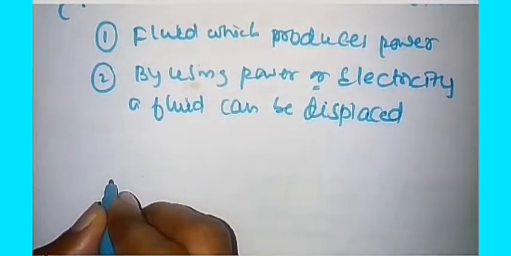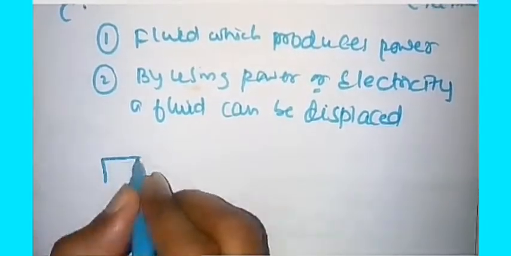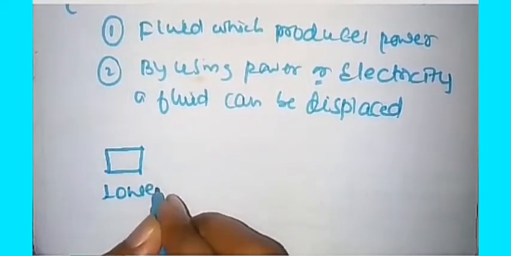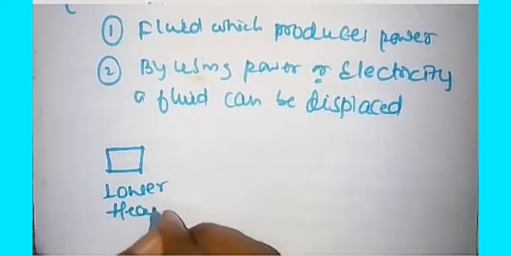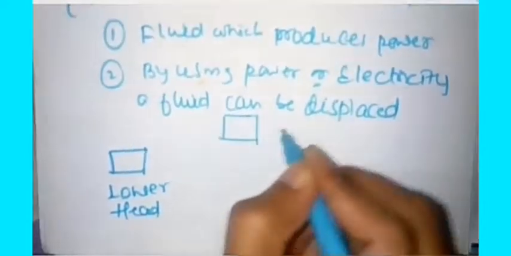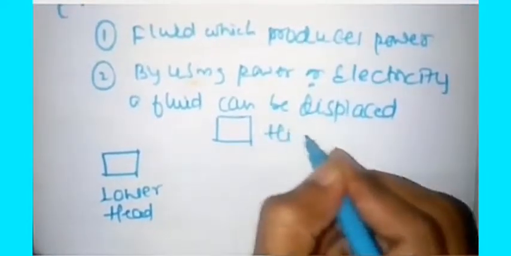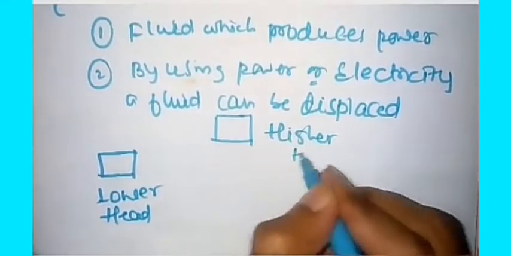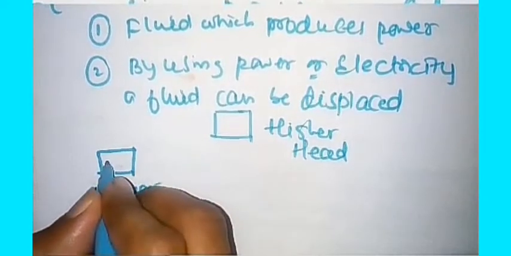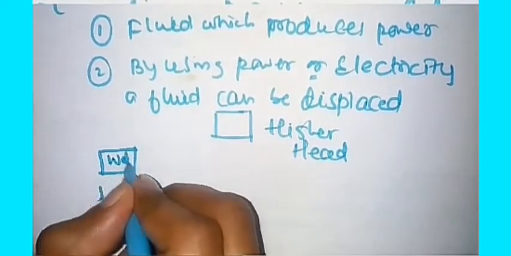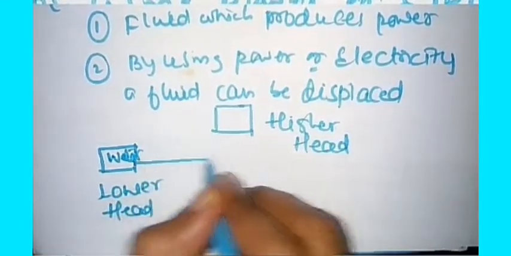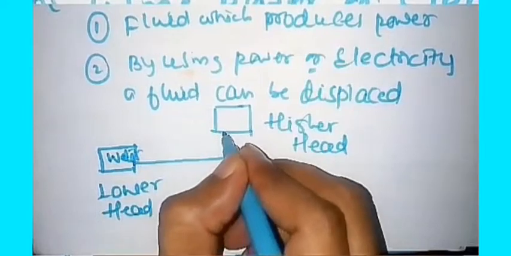Let's see it here with a simple figure. This is the lower head and this is the higher head. Here we have to supply water, displacing it from this lower head to this higher head.